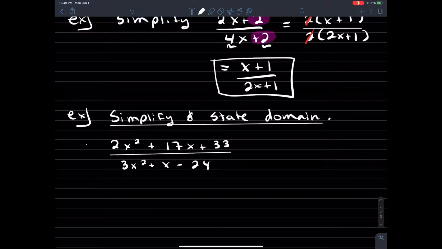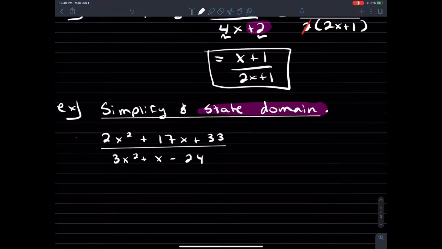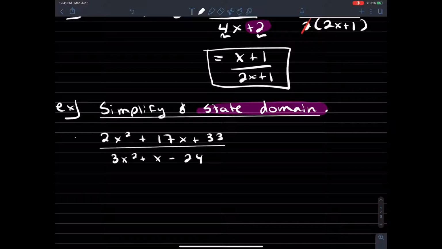As I mentioned, we want to find our domain first, even though I didn't ask for it, because if it cancels, we still have to include that as a restriction. So to find our restrictions, let's factor the denominator first. So 3x and x. It's going to be 8 and 3, maybe. You don't want to put a 3 here because it would have a 3 in common if it went there.